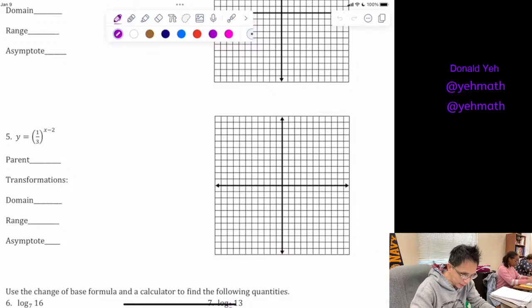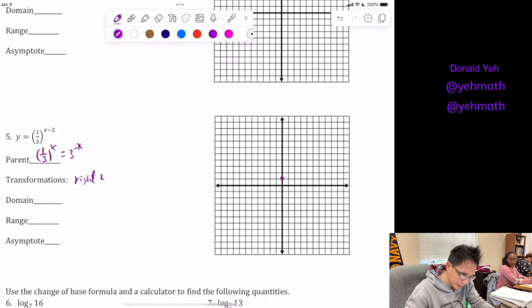The parent function is going to be (1/3)^x, that's a decay function, also known as 3 to the inverse of x, or 3 to the negative x. Transformation is going right 2. So here it's this anchor point.